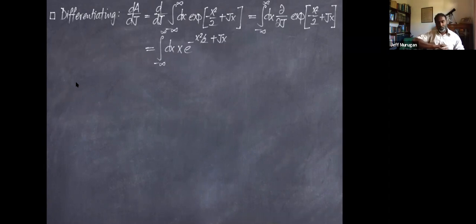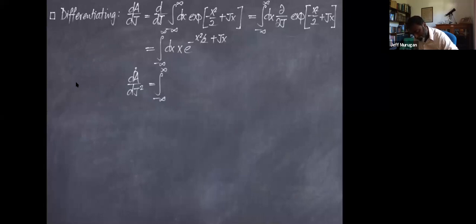Okay, good. But you'll also recognize then that similarly, if I went ahead and calculated the second derivative with respect to j, I will simply pull down two factors of x, e to the minus x squared over 2 plus jx, etc.